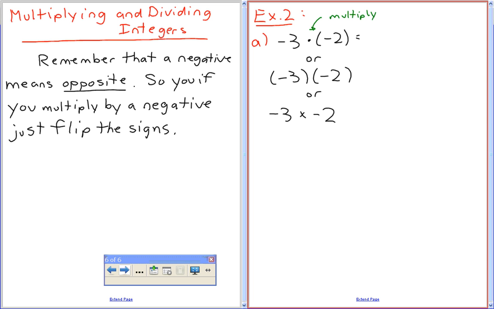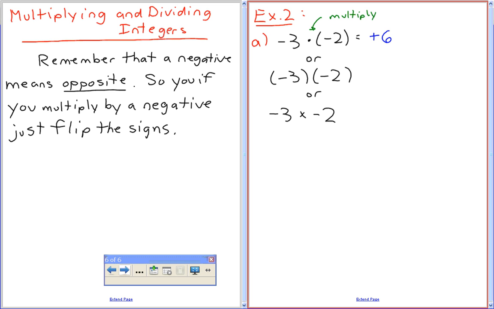All right? Okay, so -3 times -2. I'll keep going along the row if you don't mind. Bailey, -3 times -2. Okay, it's okay. Let's forget about the integers right now. Let's start easy. What's 3 times 2? 6. Now, the difficulty is whether this is going to be positive or negative.